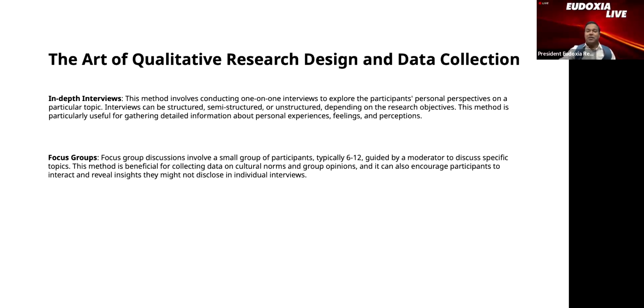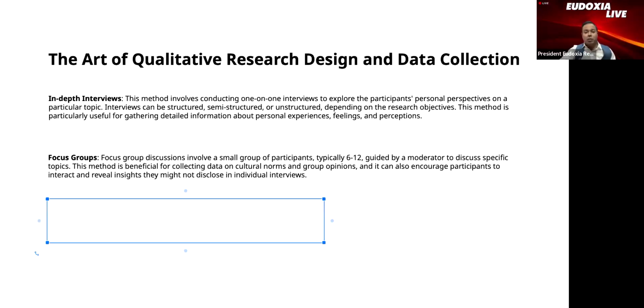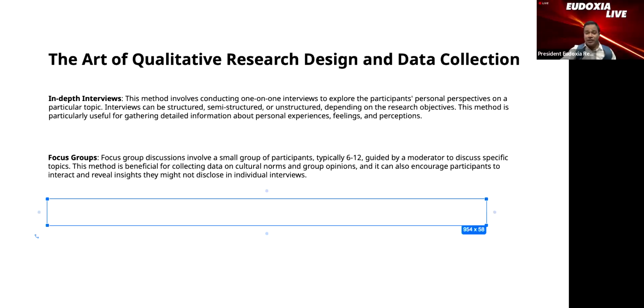Then thereafter, I would like to share with you another very important method in qualitative research design, and it is participant observation. This is also very wonderful, and so many people are using it. It is also one of the popular methods for data collection in qualitative research design.